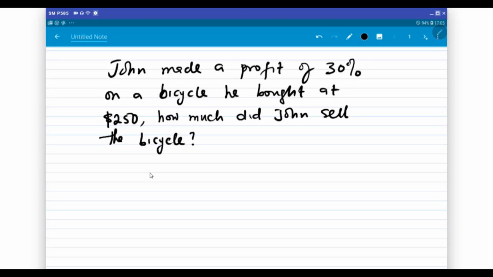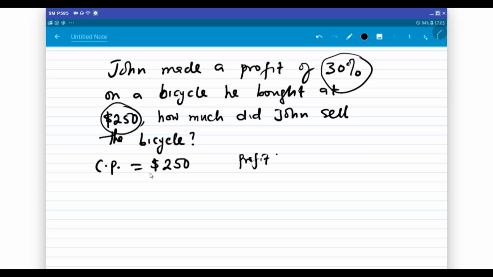As you can see, the profit percent has been given as 30%. He bought it at $250, so our cost price is $250. Since he made a profit percent of 30%, it means our selling price must be equal to 130% of this cost price.